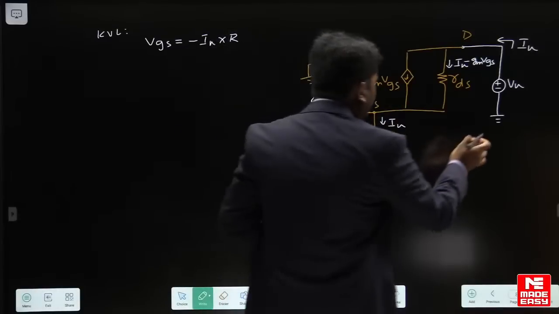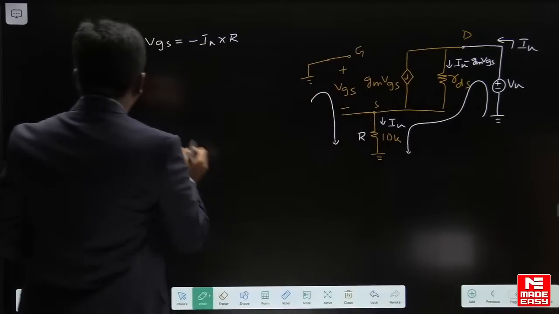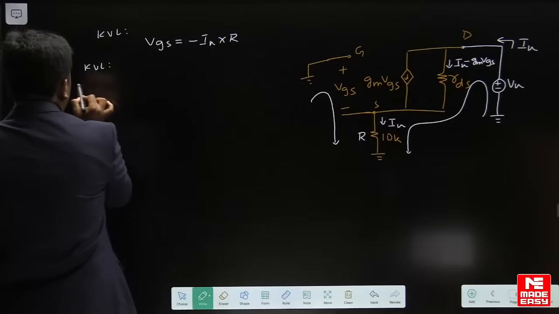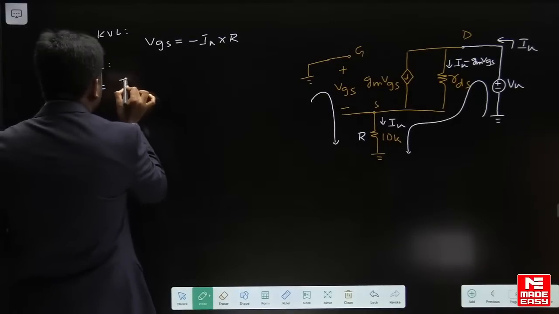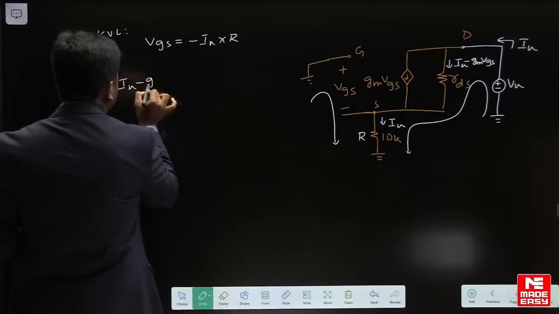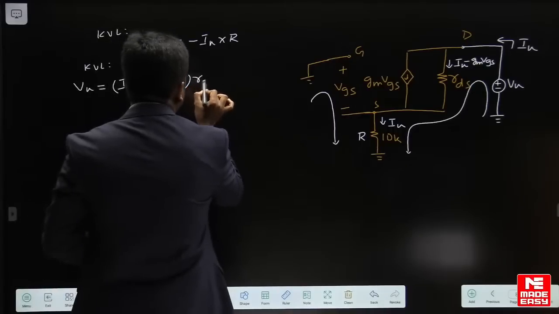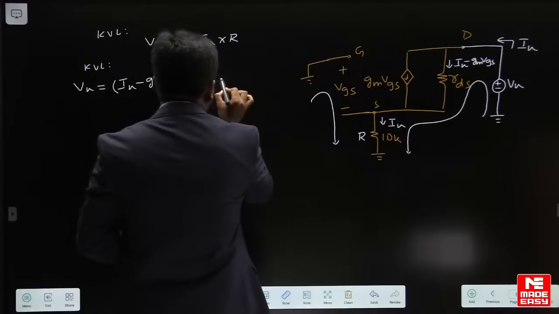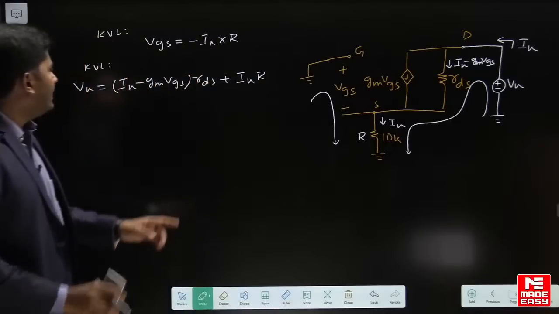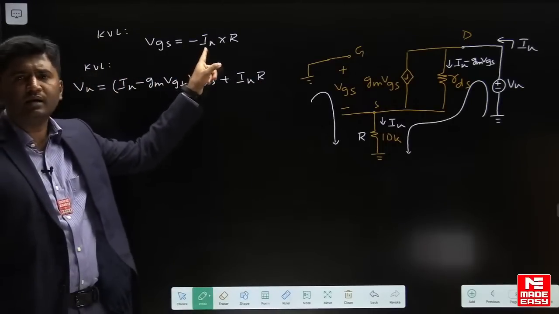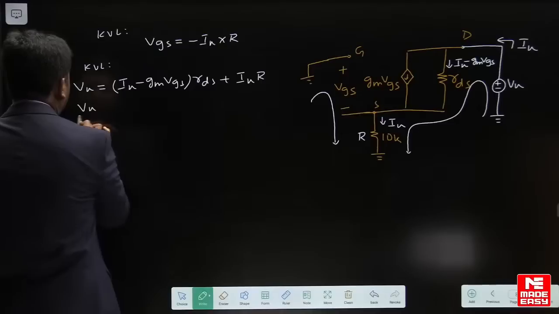Now you can apply another KVL in this loop. You get equation Vx equal to (Ix minus Gm VGS) into RDS, plus Ix into R. Now in place of VGS you can substitute minus Ix into R and take Ix common and bring it to LHS.